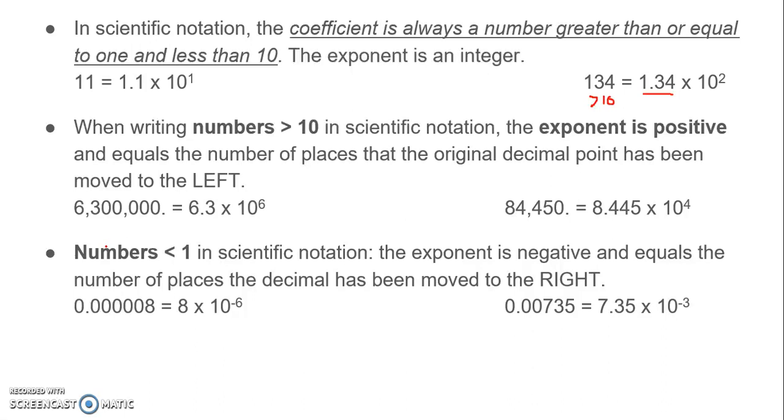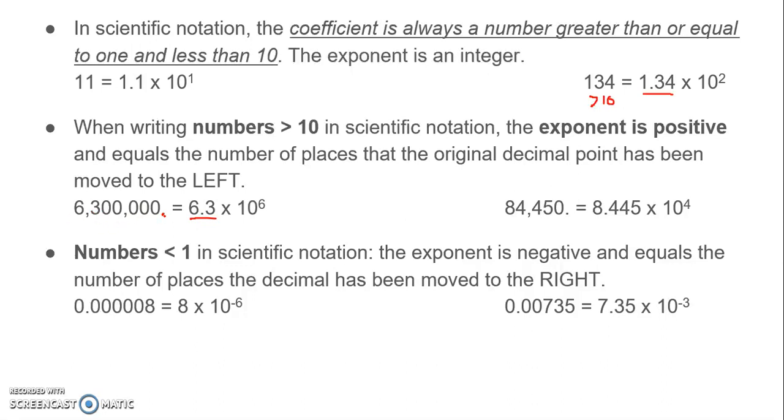So for example, let's look at this very big number here, 6,300,000. So this is 6 million, right? Now if you look at the decimal point and move it, let's say the coefficient is 6.3, okay, so you stop at 3.